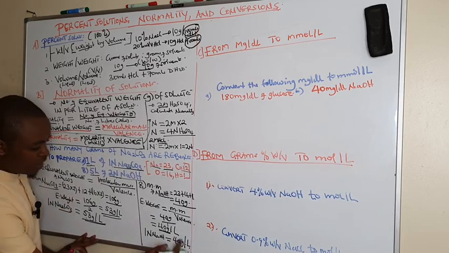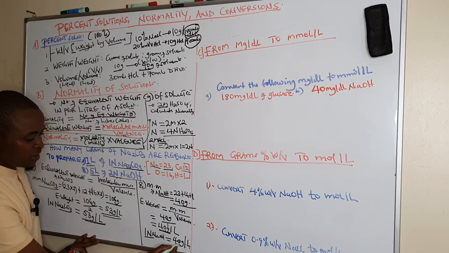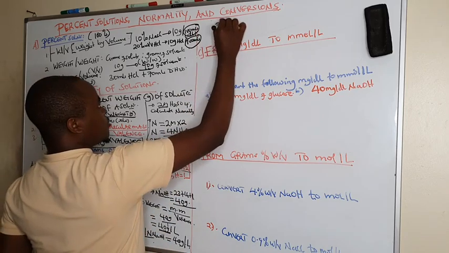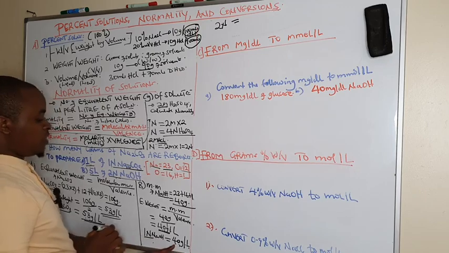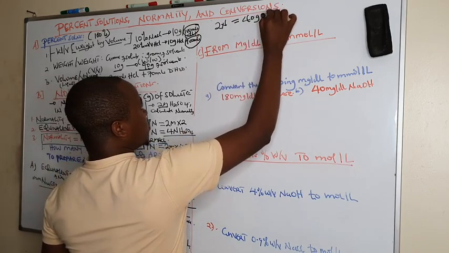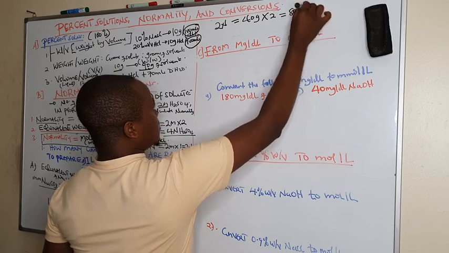But before we bring the analogy of a liter, if 1 normal of sodium hydroxide contains 40 grams, what about 2 normal? So we are going to say that 2 normal will contain 40 grams of sodium hydroxide multiplied by 2, which gives 80 grams.